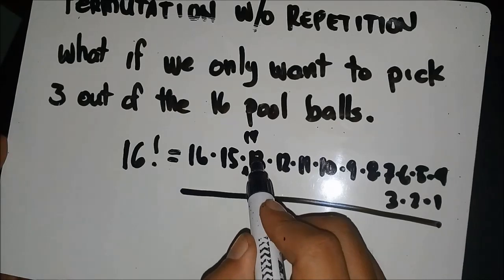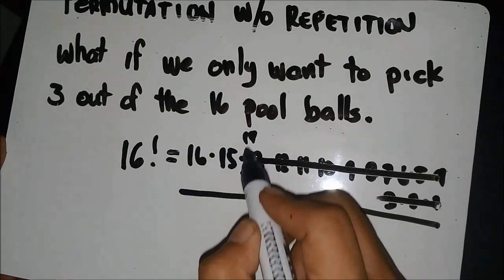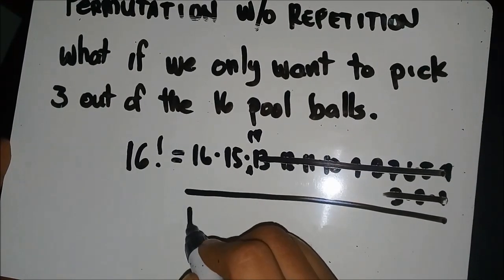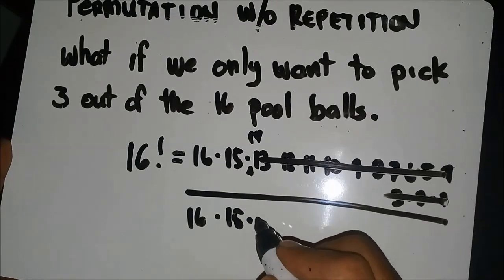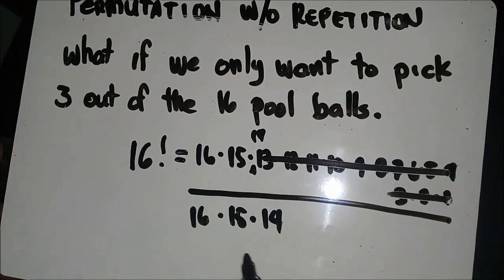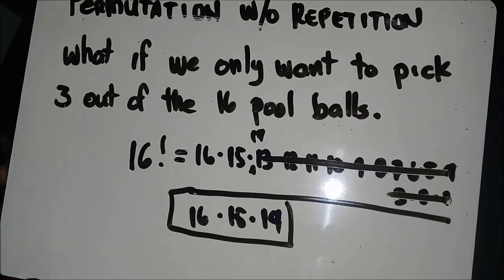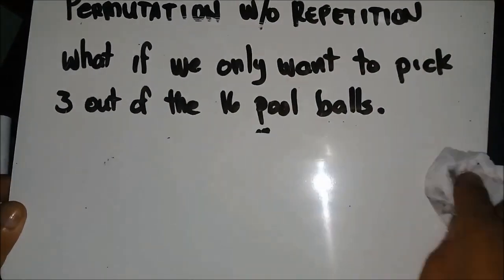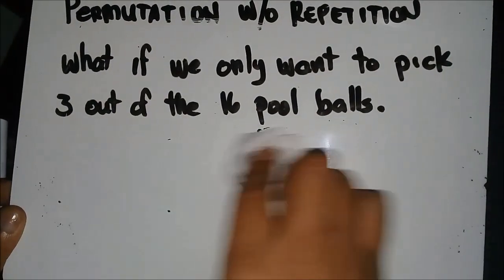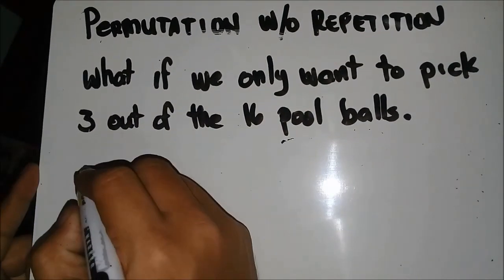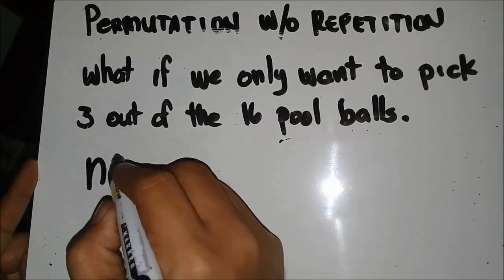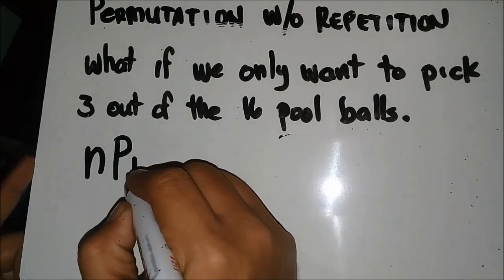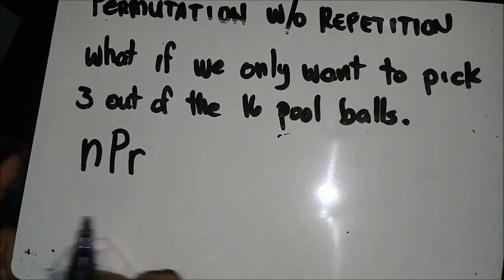Actually, we do not need the rest of this. We only need 3 slots. As in the previous example, we only need 16, 15, and 14. How are we going to do this in factorial notation? If we have n number of things, and we are going to take r things from them.